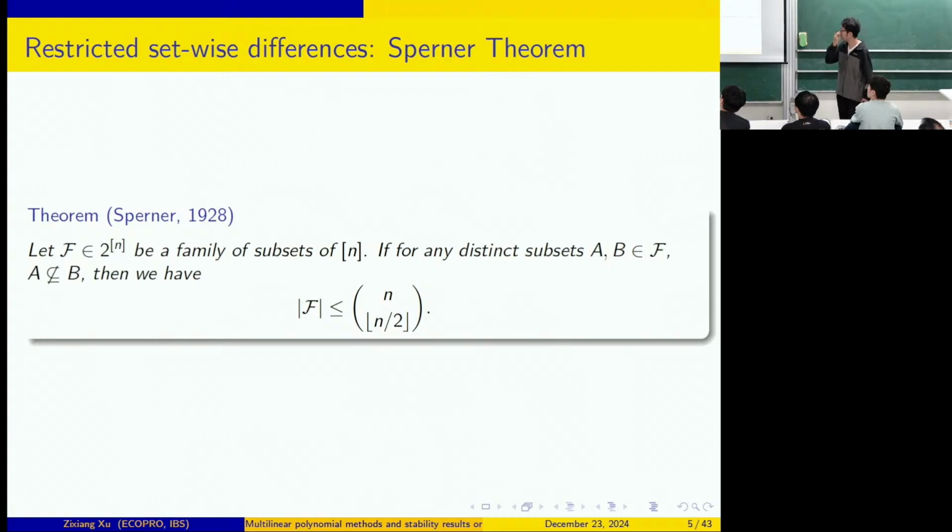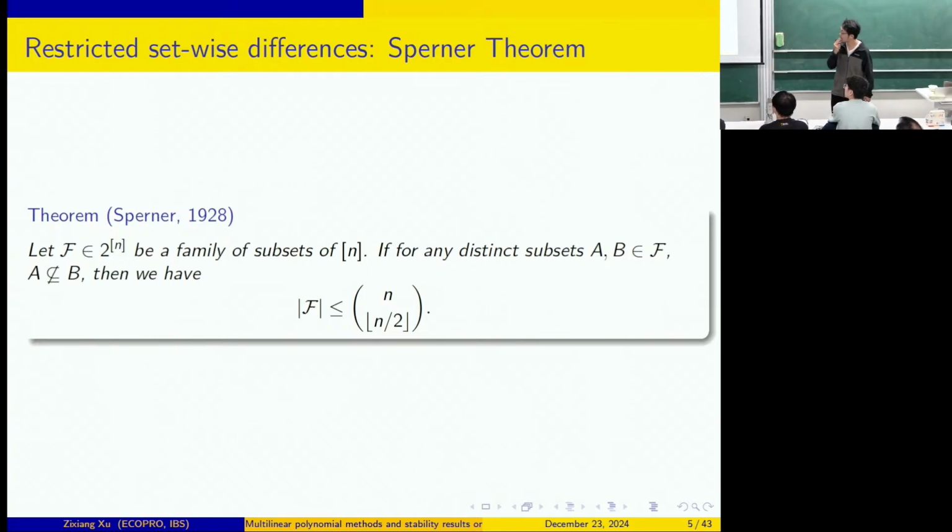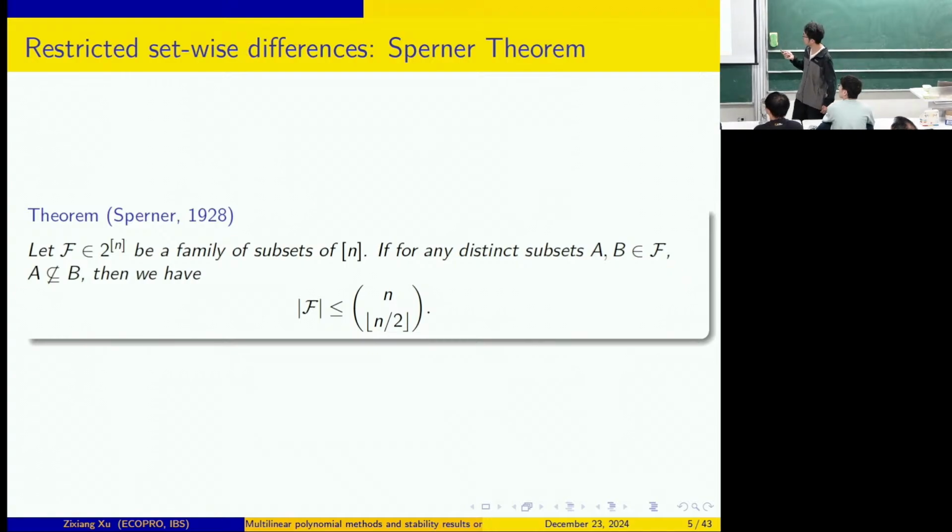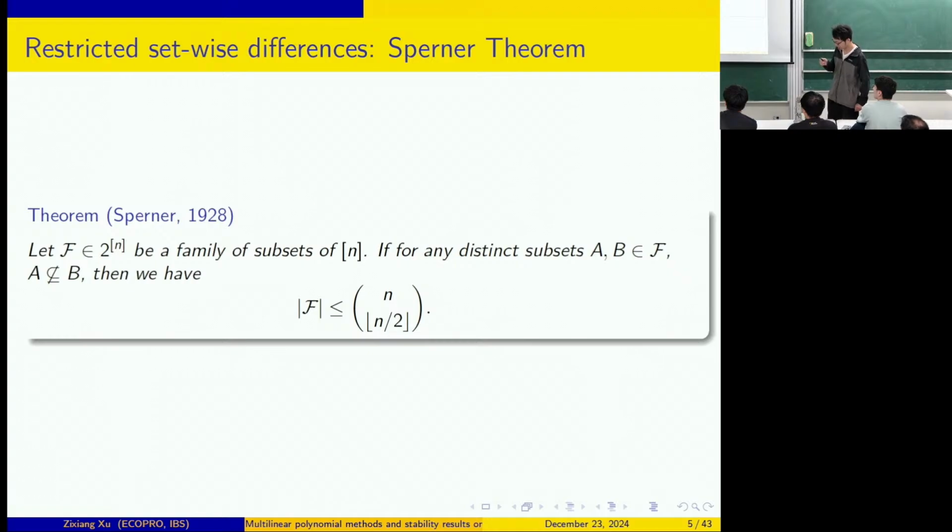Another very famous result in this field is Sperner's theorem, which states that for any distinct subsets A and B, if A is not a subset of B, then the size can be upper bounded by n choose n/2, and this is also sharp because you can take the middle layer.